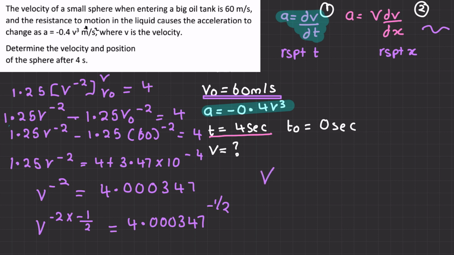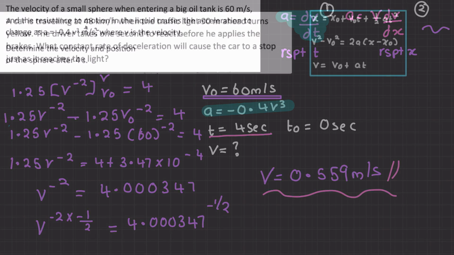And that gave us v equals to 0.559 meters per second. Easy. So from here, we're able to get our final velocity from this question.